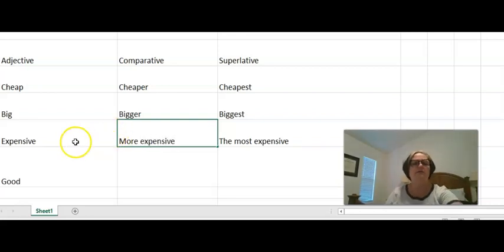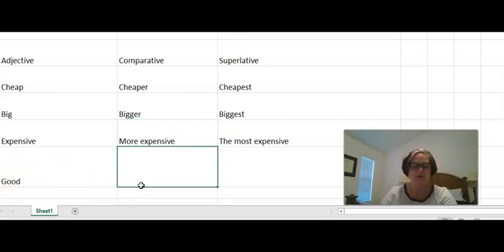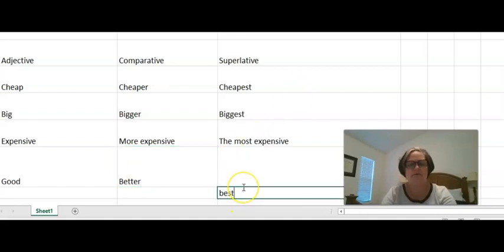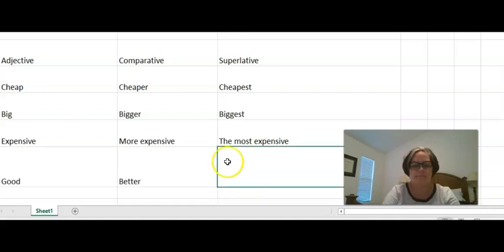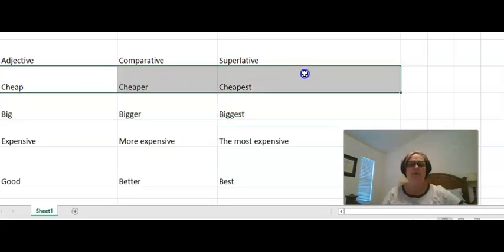Okay, so your adjective is expensive, then something is more expensive, and then the most expensive. So if your adjective is good, we don't say gooder, right? We say better. And then your superlative would be best.